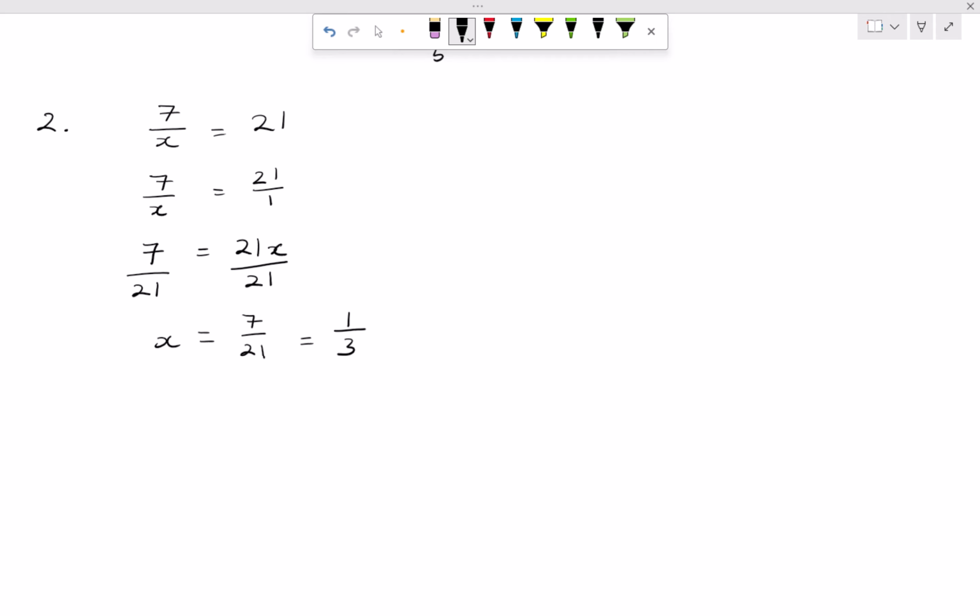So I want you to note something, that what we have just done is the same as if we had done it this way. 7 over x is equal to 21. Remember, I said we multiply by a certain number or a letter. So if we have x at the bottom, x is our denominator, we multiply the equation by x, and what we do on the left, we also do on the right.